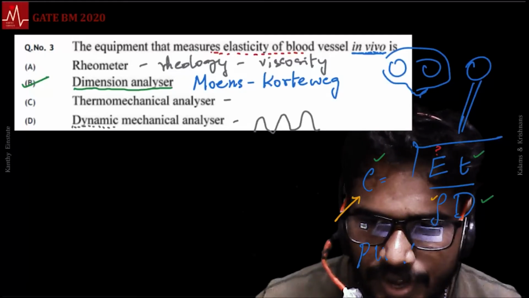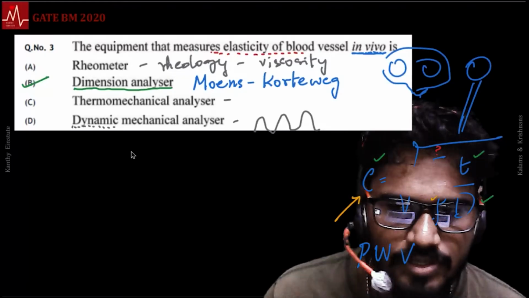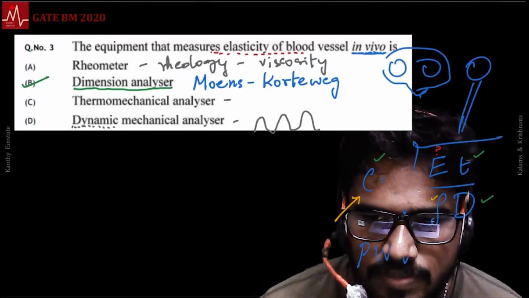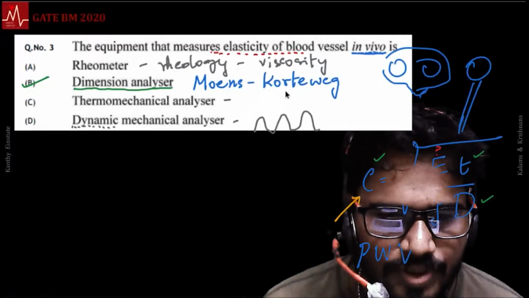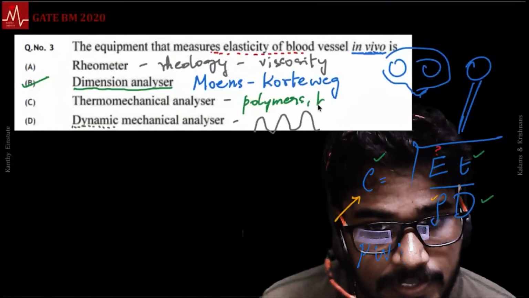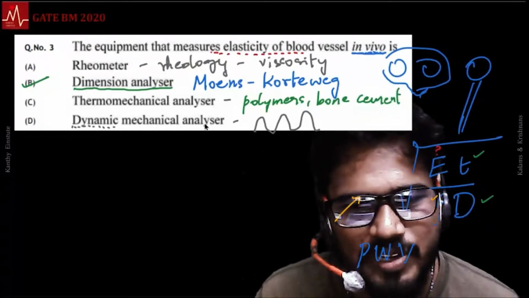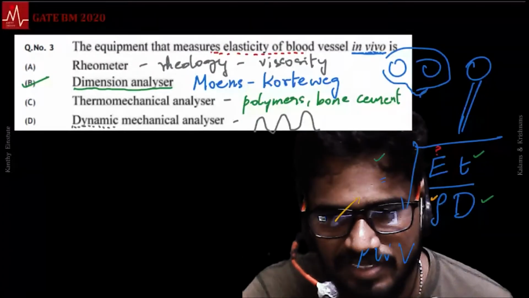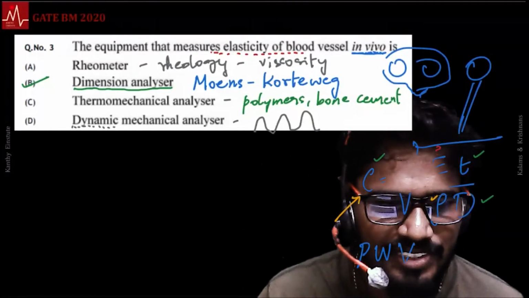So let me also write down, just give me one second. Thermomechanical analyzer: notice this is important in terms of something like bone cement and things like that. Temperature and thermal properties are important. Where is this transition temperature happening?